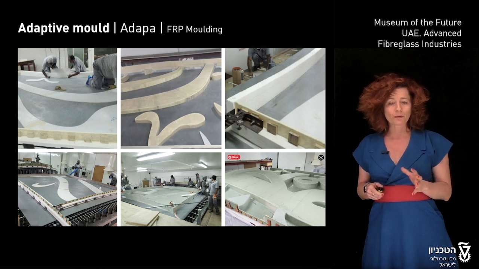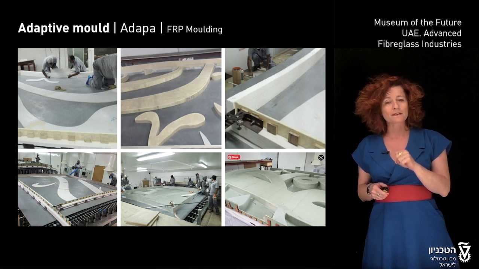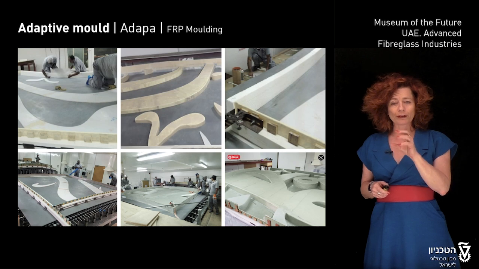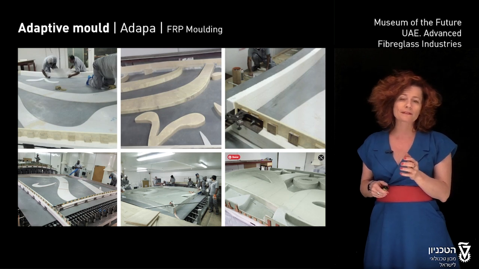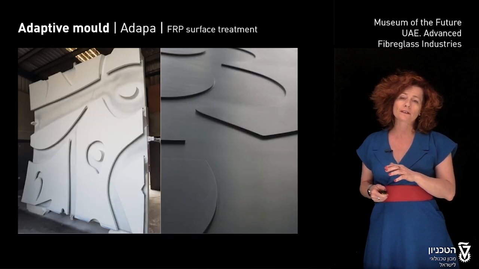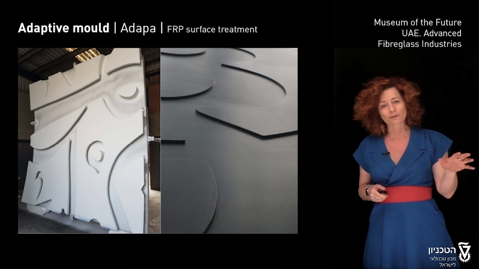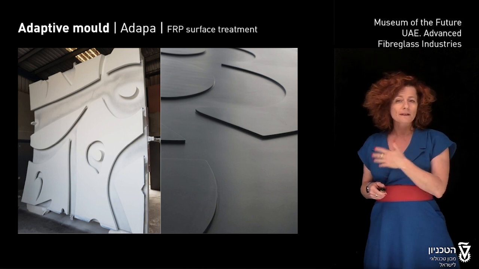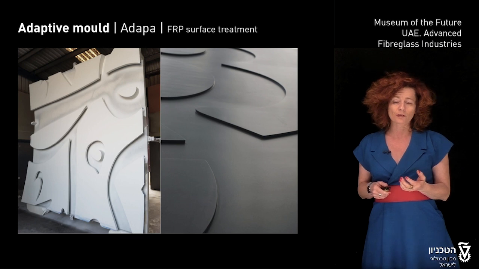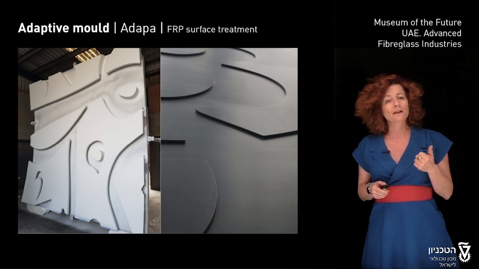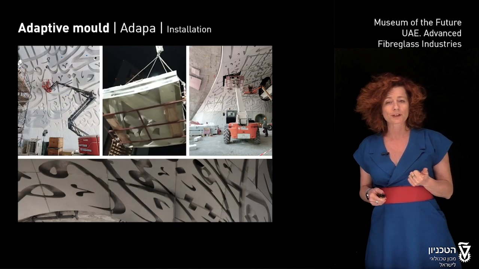So over the adaptive molds, they even placed these inserts that would create the pattern with a very complex laminate process that you have over the panel, over the mold. You get the panel that is thereafter installed. No molds, just a reconfiguration of a machine.